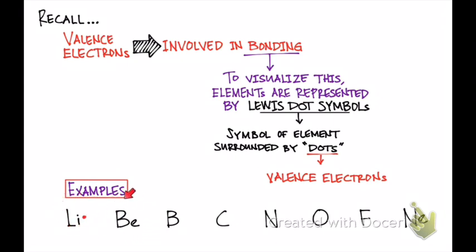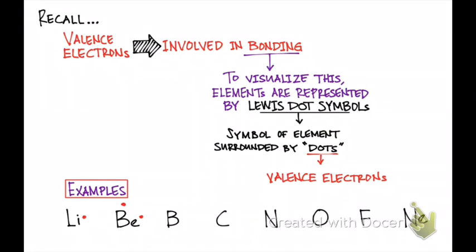We can do the same thing for beryllium. Beryllium is in group 2, so it's got 2 valence electrons, and you would put them around beryllium. It doesn't matter, you can put a single electron here or a single electron here on the left, right? So this is the Lewis dot symbol for beryllium because beryllium contains 2 valence electrons.